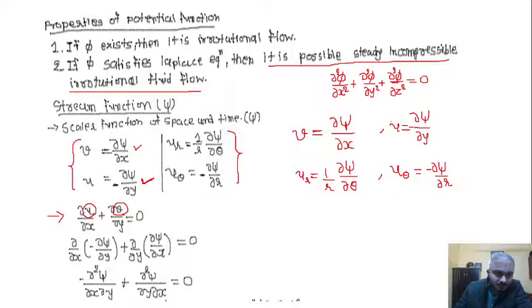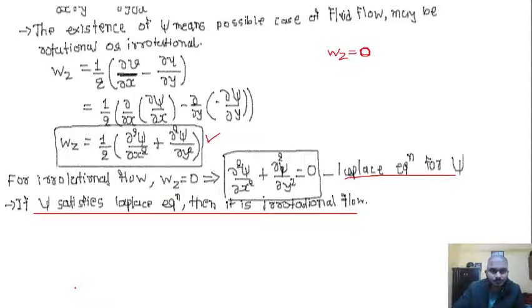And here we have del u over del x plus del v over del y equal to 0. That is also a continuity equation in 2 dimensions. So we have obtained this relation. And the existence of psi means a possible case of fluid flow which may be rotational or irrotational.